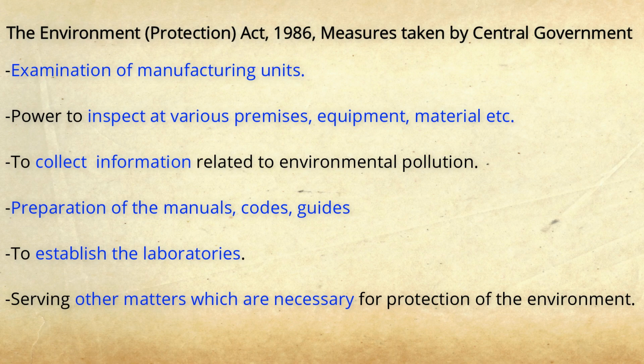The central government has the power to inspect premises, equipment and materials to see if they are hazardous to the environment, and hence prevent and control them. It also has the power to collect information in relation to environmental pollution, to prepare manuals, codes and guides suitable for controlling the environment, and to establish laboratories.